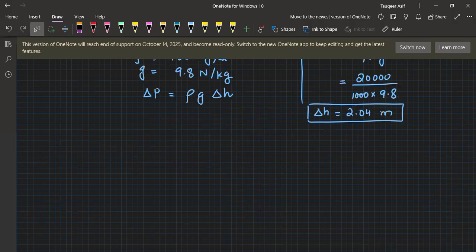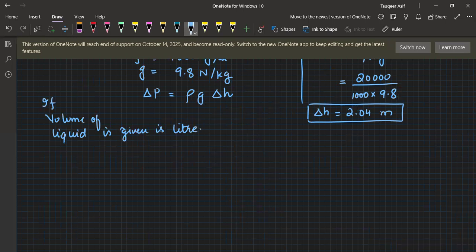Remember this for your calculation, because sometimes the volume of liquid is given in liters, so you need to convert it into meter cube.